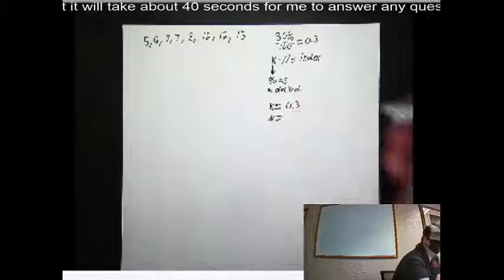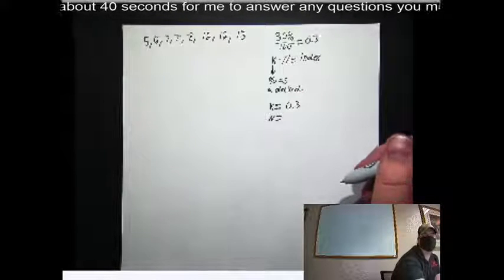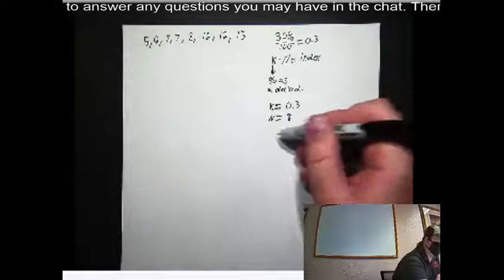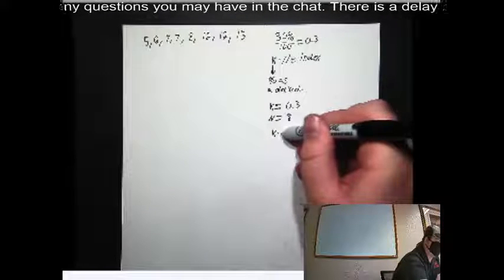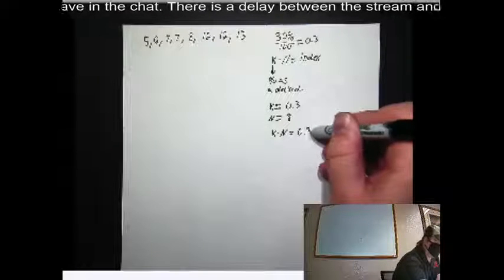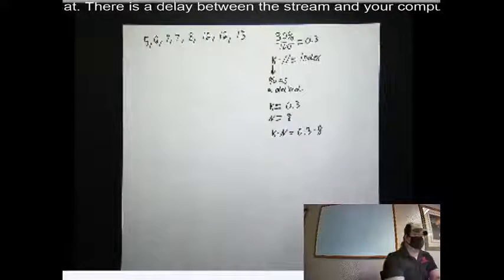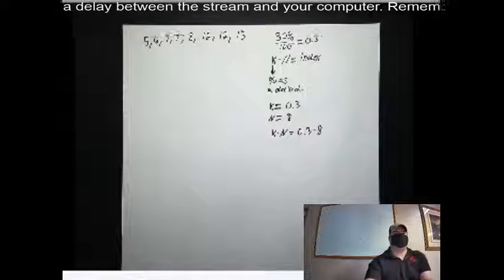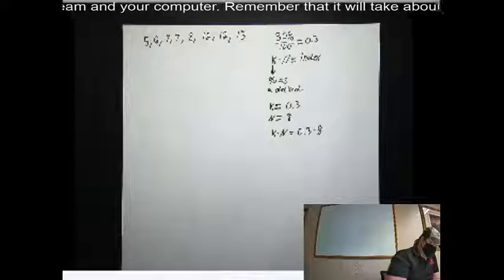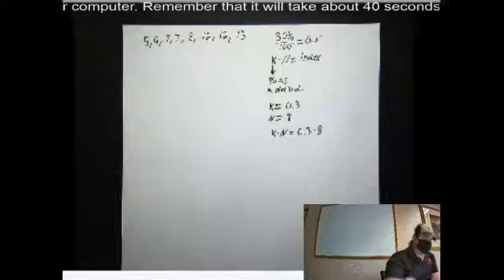N, again, what did we say our n is here? 8. So we do k times n, or 0.3 times 8. So let's see what that comes out to be. 0.3 times 8 is 2.4.